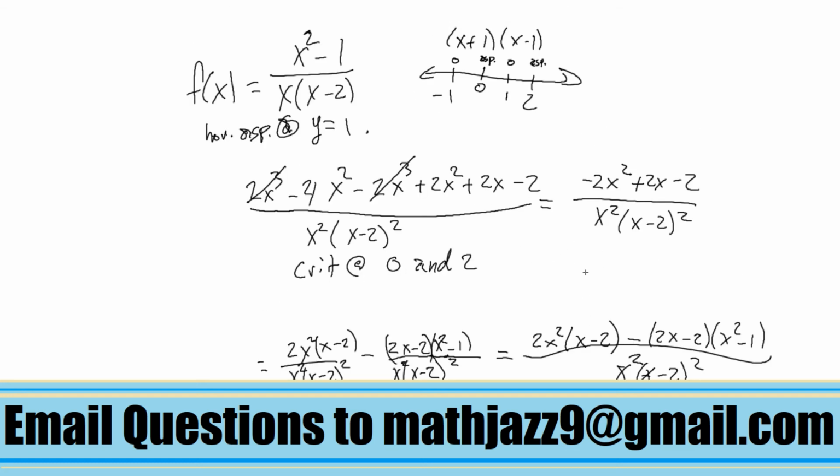I'm going to draw a number line. Here's our number line for our derivative. Here's our number line for f. We have an asymptote at 0. We have an asymptote at 2. We have no other places where we can change signs.